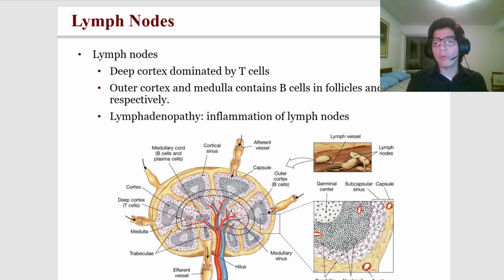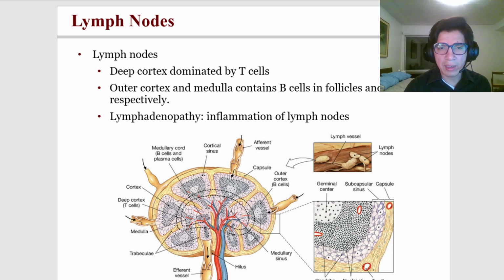Those are all cells that digest something and put it on its surface and tell the lymphocytes, I found this, attack it. Let's talk about them all as antigen presenting cells just for the sake of sanity and simplicity.